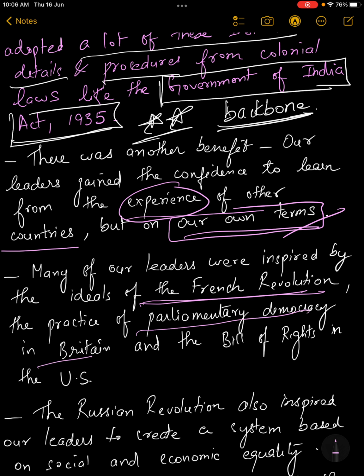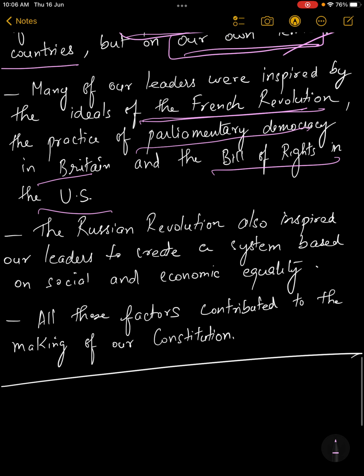Parliamentary democracy in Britain जो हमने अडॉप्ट किया है, Bill of Rights, that is fundamental rights in the US, वो भी हमने अडॉप्ट किया है. ठीक है? So we have adopted all of this, and we are not ashamed to say that we have adopted. It has worked well for us. There's no shame, right? It has worked well for us.